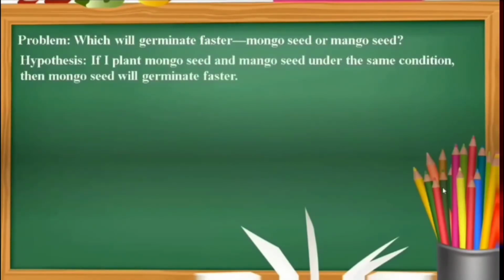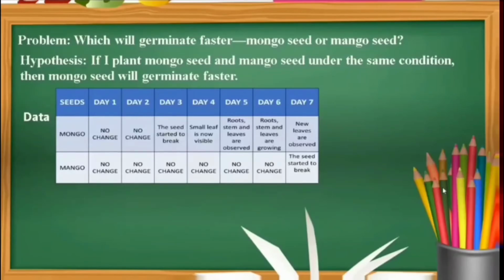So we have the problem, which will germinate faster, mongo seed or mango seed. The hypothesis, if I plant mongo seed and mango seed under the same condition, then mongo seed will germinate faster. And the data that shows the development of mongo and mango seeds from day 1 to day 7.